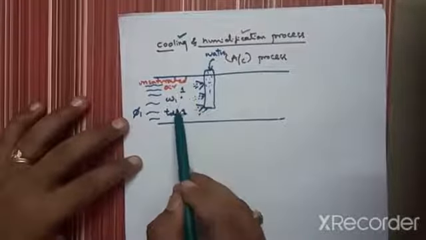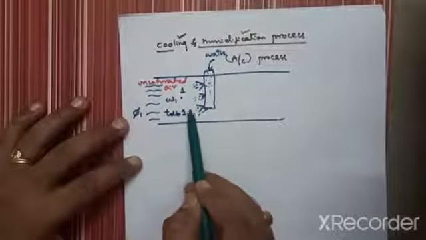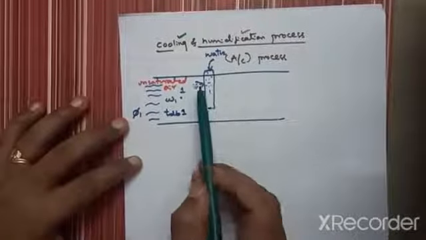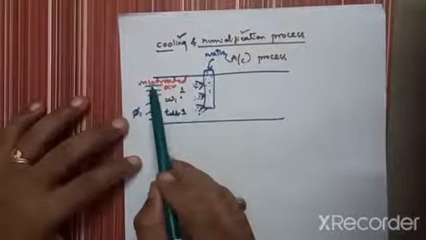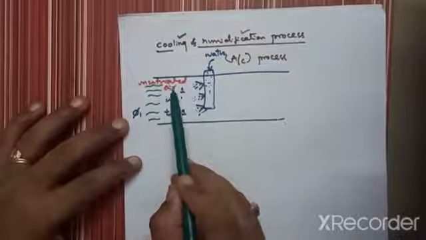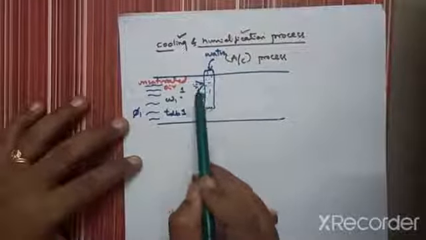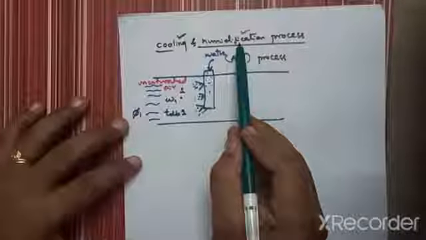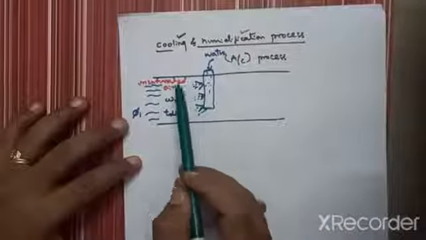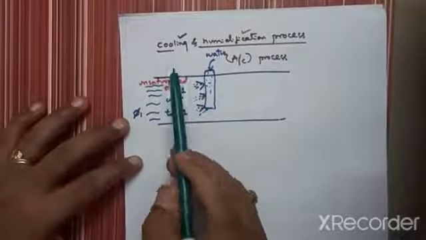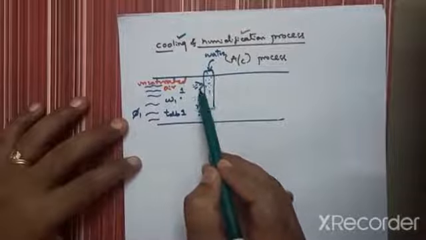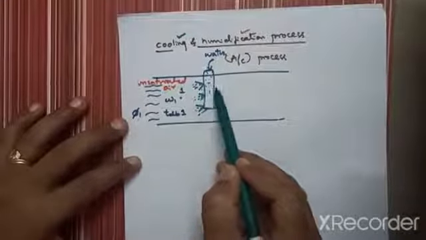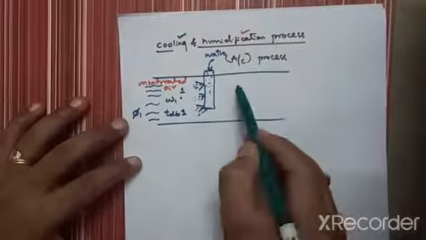The temperature of the air is decreasing, and at the same time you are injecting water into the air because it is unsaturated. Addition of water is called humidification, and decreasing the temperature of the air is called cooling. Now this unsaturated air absorbs water and becomes saturated at point number 2.